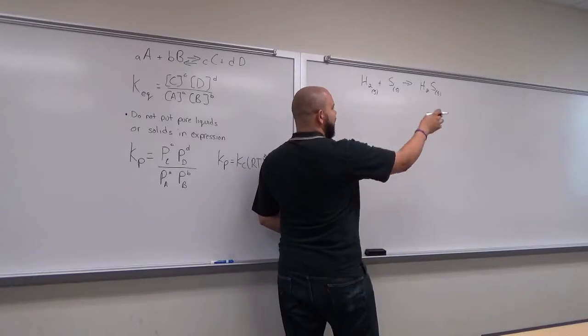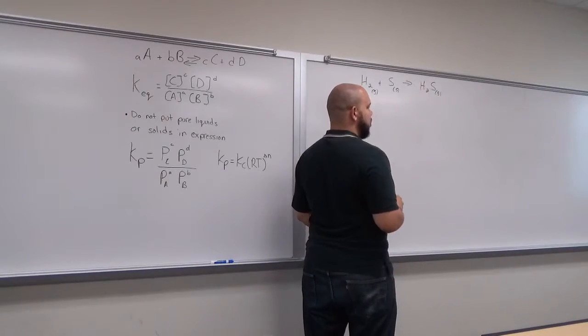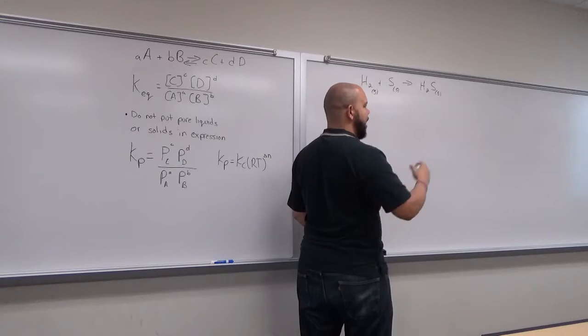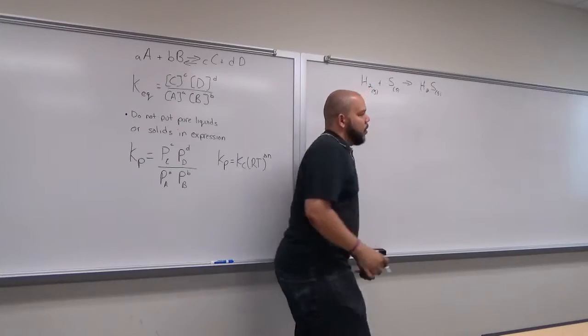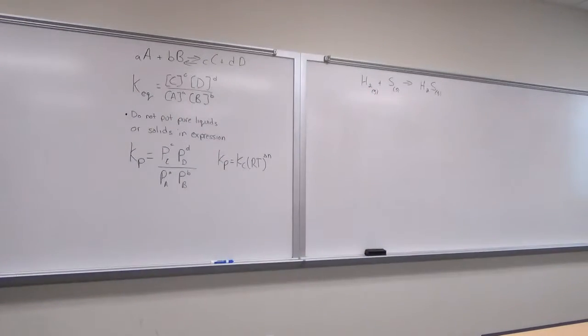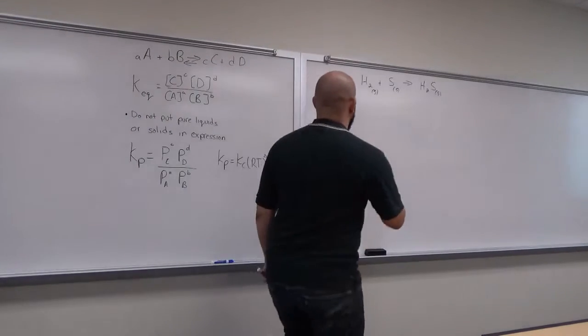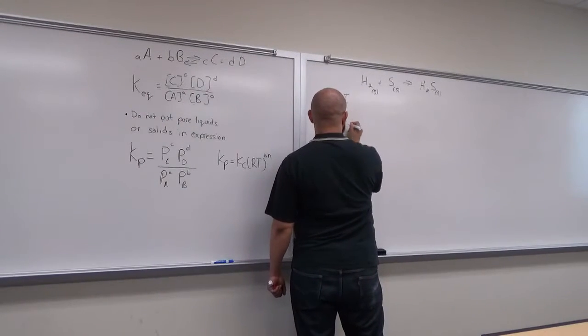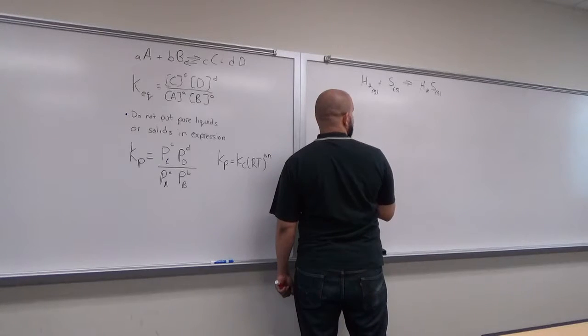Okay, so they've given us amounts placed in the 2-liter flask, allowed to reach equilibrium, and I need to zoom out even further. They gave us KEQ, and they want us to calculate the concentration at equilibrium. Okay, so ice table, always jump to that first when you see these.